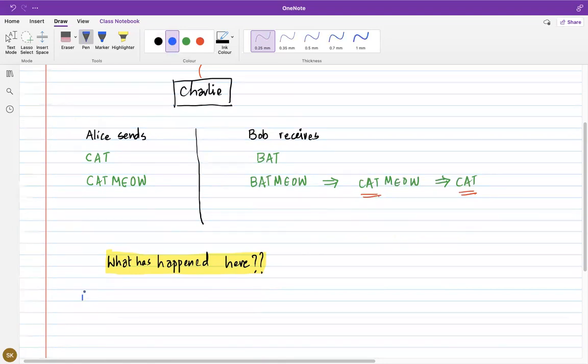The first thing is that after adding this redundancy, this extra information, it facilitates the communication.